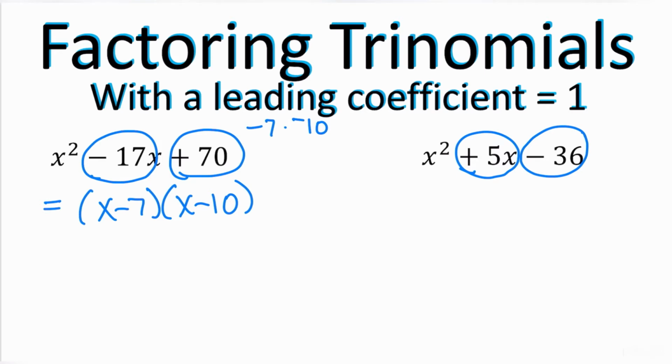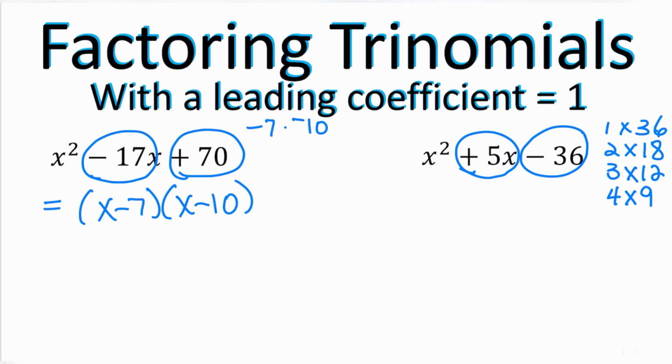So because I know one of them has to be positive, one of them has to be negative, I'm just going to start by doing the same thing I did before. Let's look at all the combinations of numbers that will multiply to equal 36. So I'm going to start with 1 times 36. Then I go 2 times 18. 36 is divisible by 3. 3 times 12. It's divisible by 4. 4 times 9.